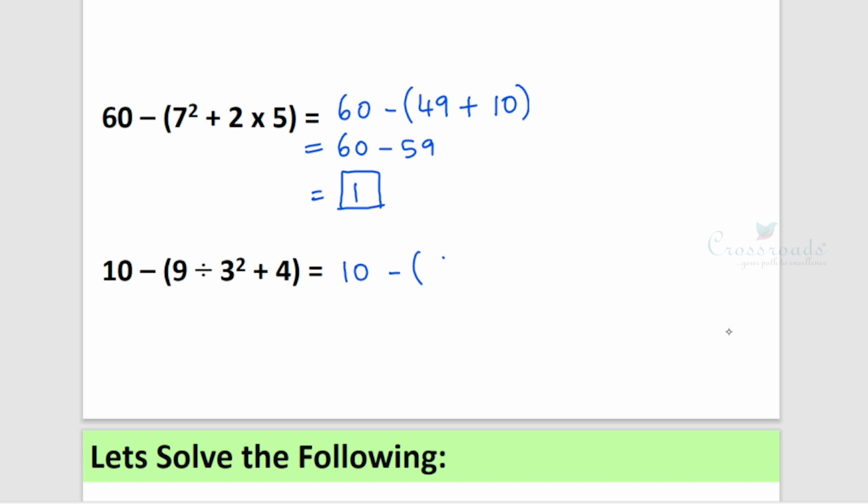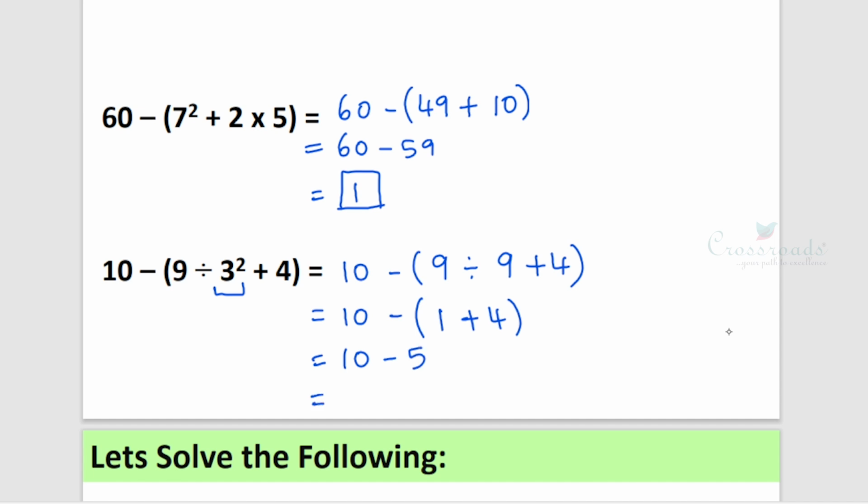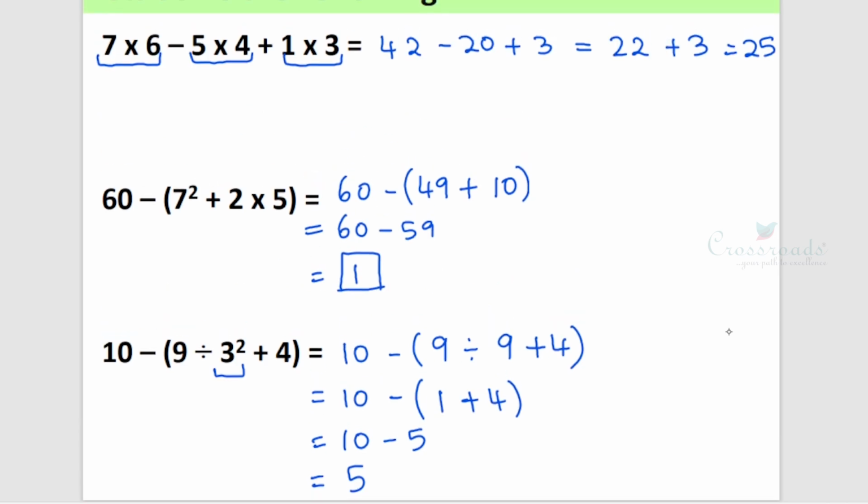So 10 minus 9 divided by, first as we all know we need to solve the exponential part. 3 square is nothing but 9 plus 4. 10 minus 9 divided by 9 is nothing but 1 plus 4. 10 minus 1 plus 4 is nothing but 5. 10 minus 5, the answer is 5. So as you observe, this is how the three sums given over here are being solved.